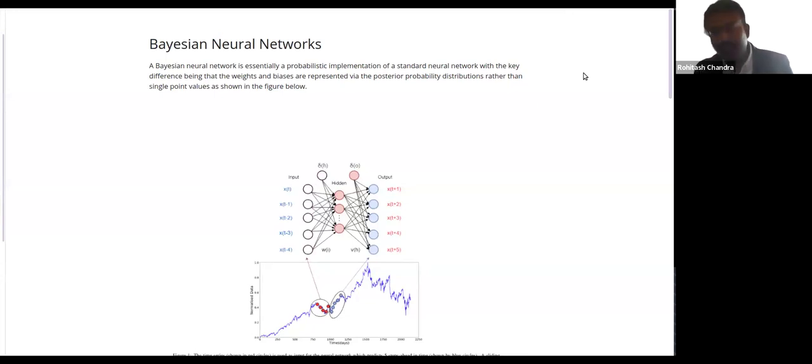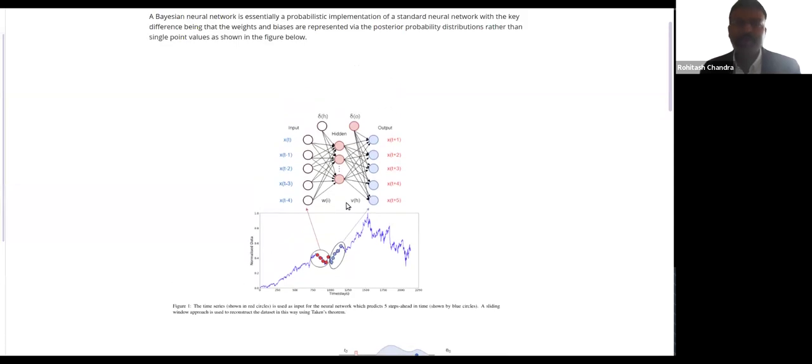An example of a Bayesian inference algorithm is the MCMC sampler, Markov chain Monte Carlo sampler. You can have a fully probabilistic neural network model, as in this case, where all the weights and parameters are represented as probability distributions. It's a small neural network, so you can do that.